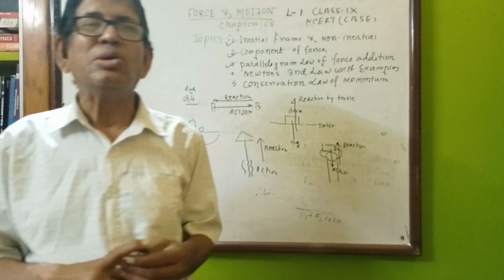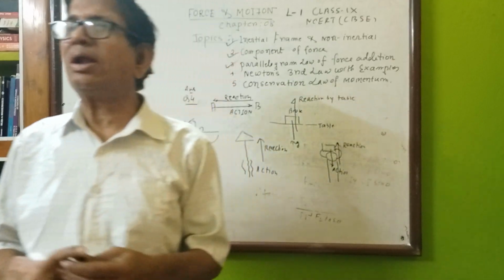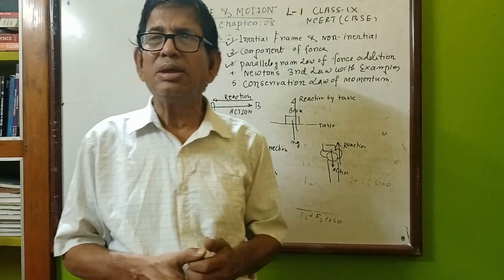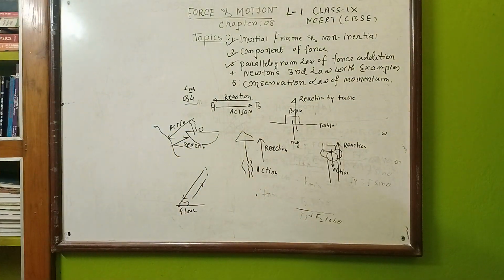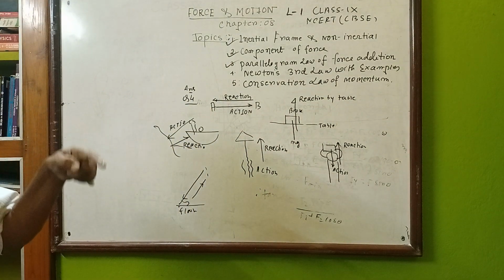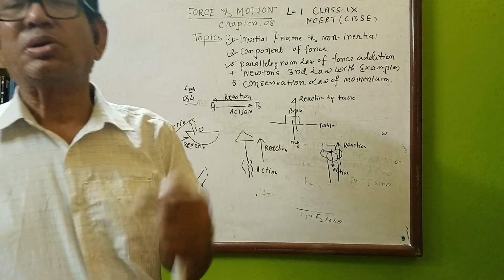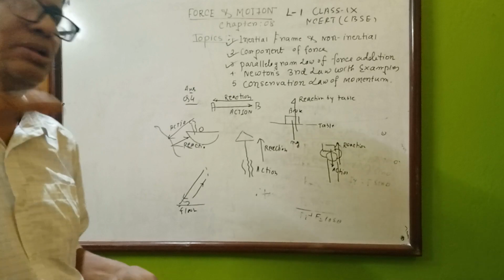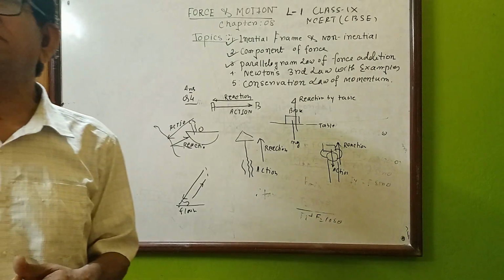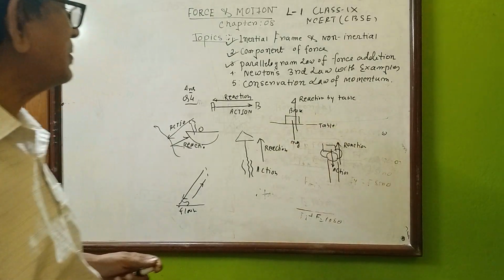For example, when you are cycling, you can't stop your cycle by pulling your handle in the backward direction. Or if you put a fan in a boat, on the sail, if you apply a gust of wind, the boat will not move, because action and reaction are acting on the same system.